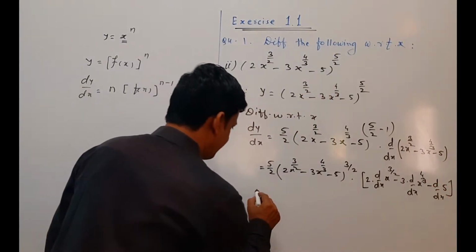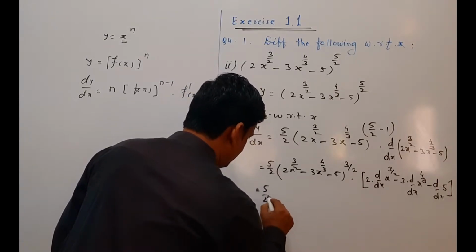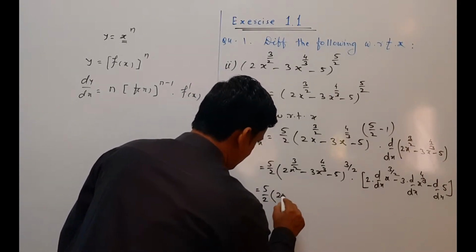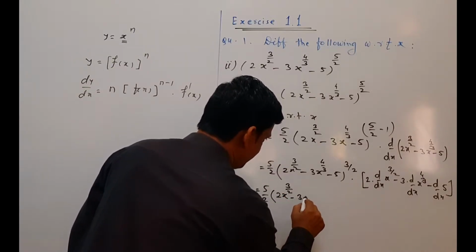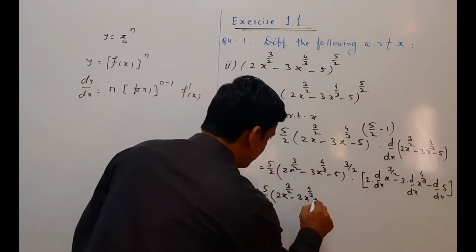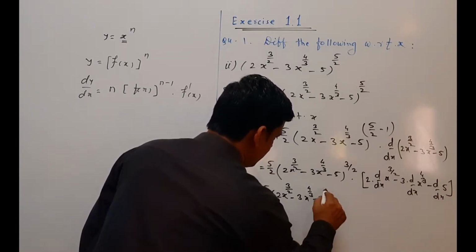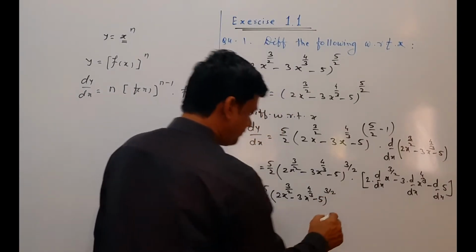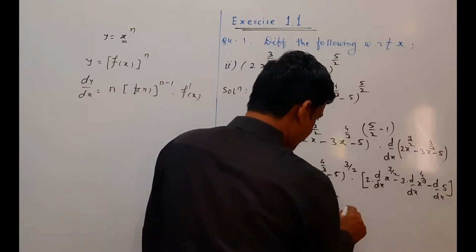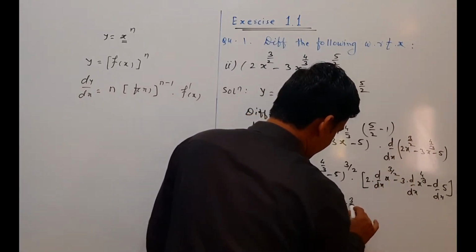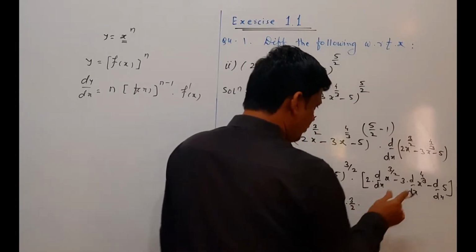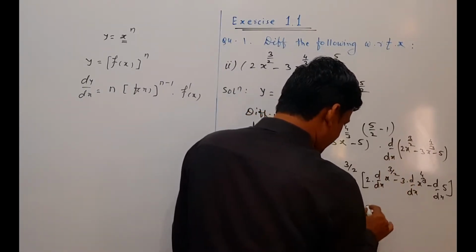So we write here 5 by 2 in bracket 2x raised to the power 3 by 2 minus 3 into x raised to the power 4 by 3 minus 5 raised to the power 3 by 2. In bracket 2 is constant. So we write this power in multiplication. So 2 into 3 by 2 into, we have to reduce the power of x by 1.